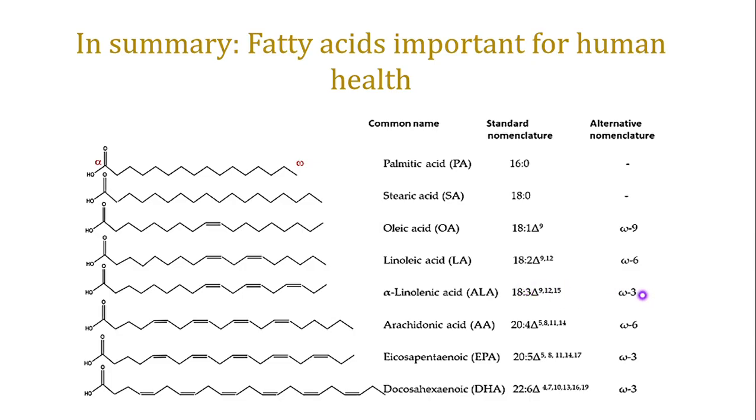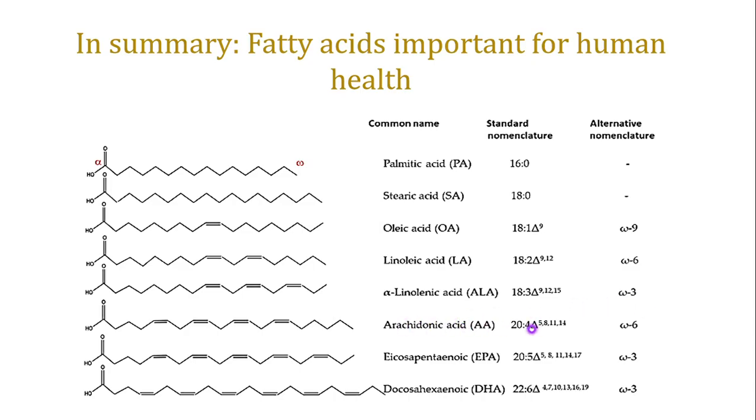We have omega 3 in a way that the first double bond that you come across, counting from the methyl end, will be on carbon 3, or between carbon 3 and 4. Any fatty acid that has a double bond at carbon 3 is called alpha. So alpha linolenic acid.